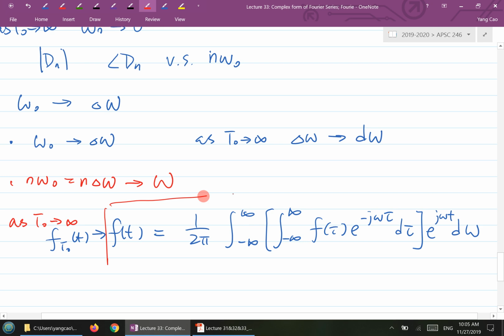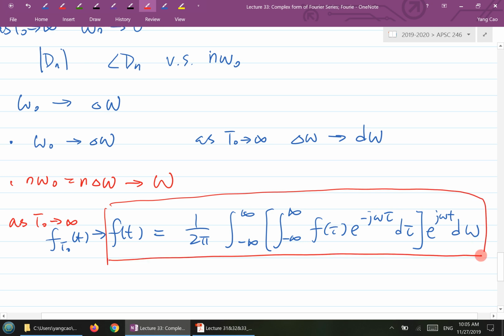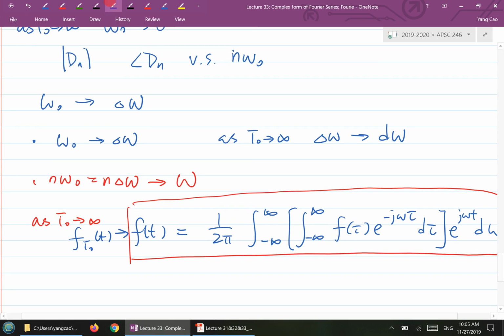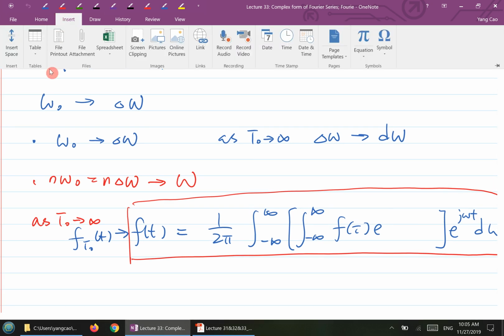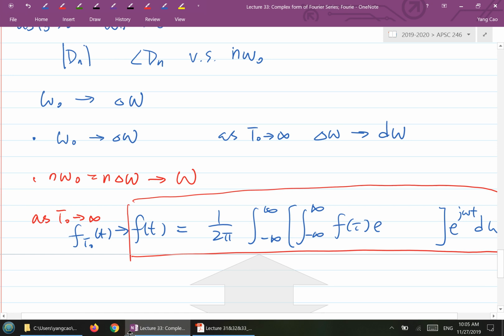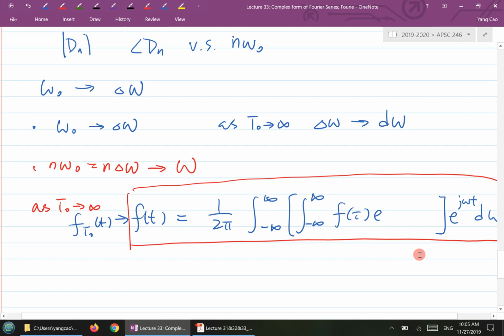So now we have a new expression for f of t, based on the approximation from a periodic function. So this is your f of t.